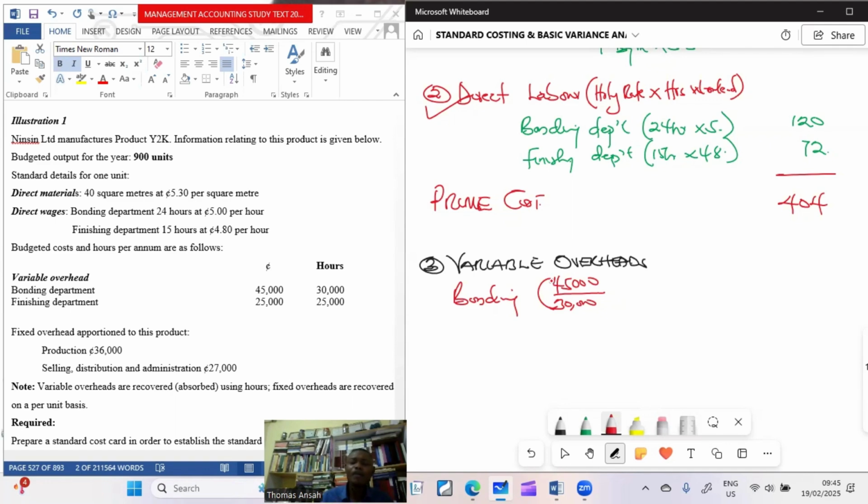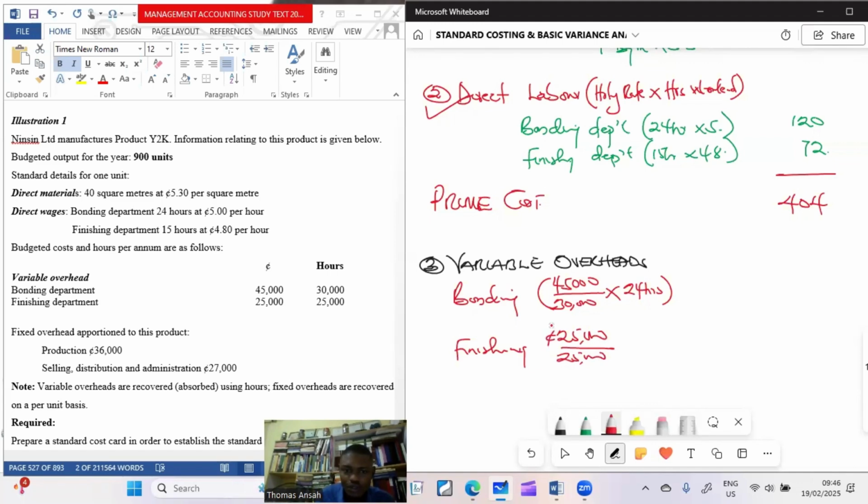Now in bonding, how many hours do we need? So this one will give you some value per hour. Then you multiply. In bonding, what do we need? It's 24 hours. So you multiply it by 24 hours. All right. So basically that is that. Now in finishing, budgeted overheads over budgeted, so you have 25,000 over 25,000.